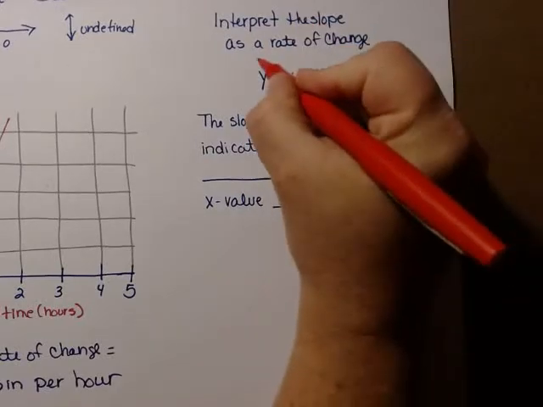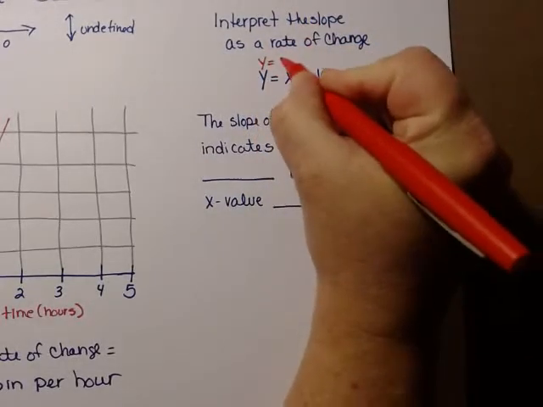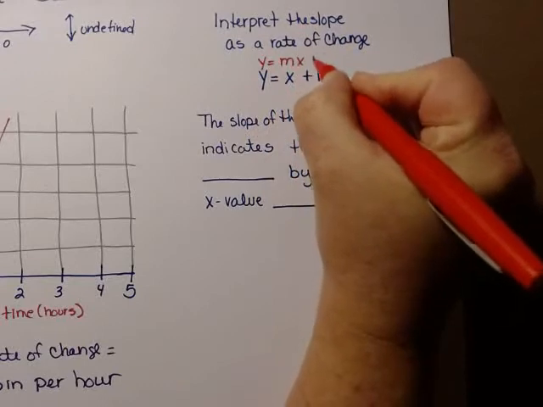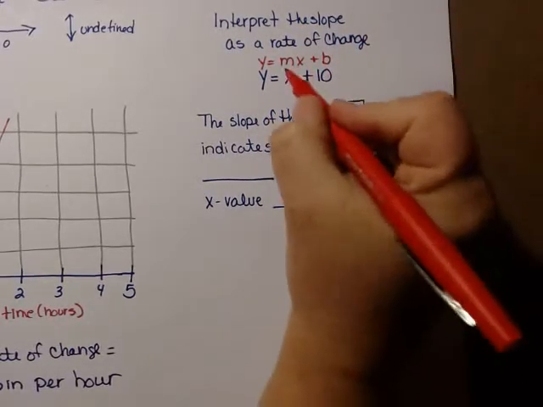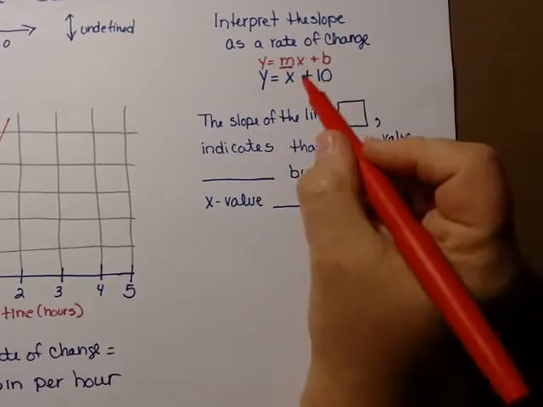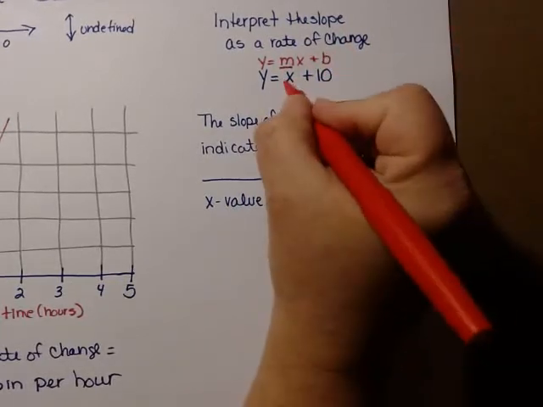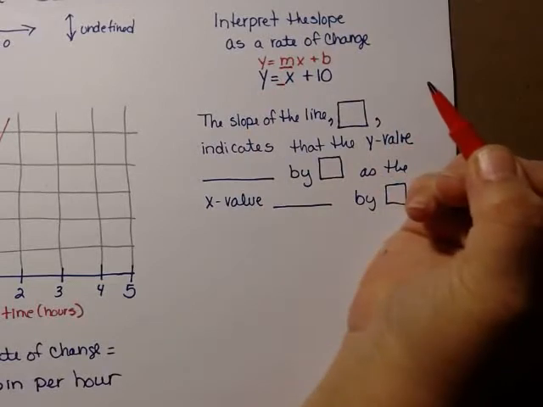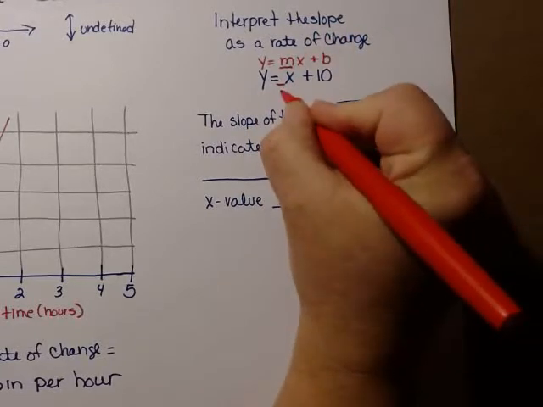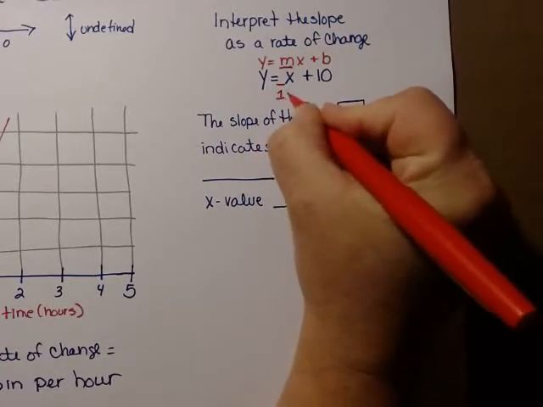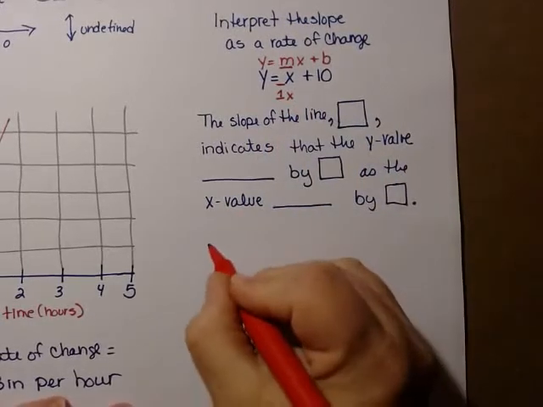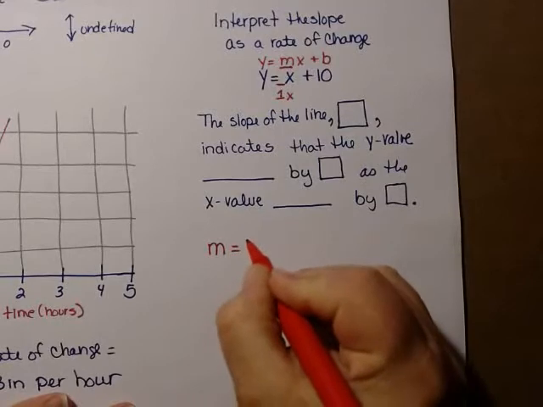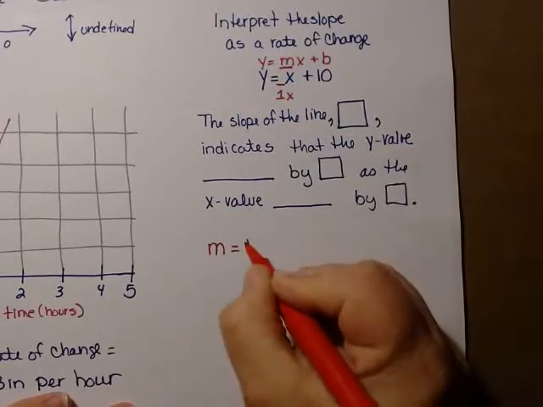Well, remember, you can find the slope from an equation if it's in slope-intercept form, and m is the coefficient in front of x. So what's in front of x, or how many x's do I have? I have 1x. So we can say that my slope is 1.